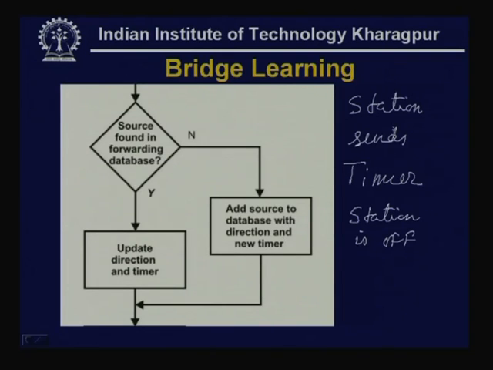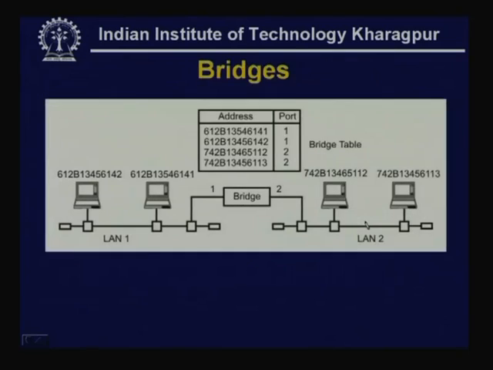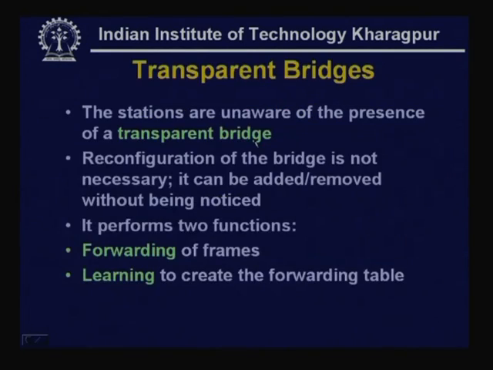And whenever a frame is received, even when the frame's MAC address is present in the database, its timer is updated, and its direction is updated. That means you can take out a station from one place, for example from here to there. Then automatically, whenever this station, after it is connected to this side, sends a frame, that table will be updated.